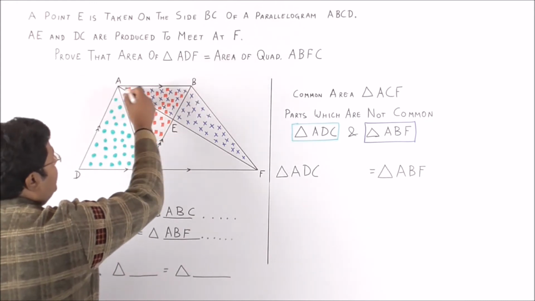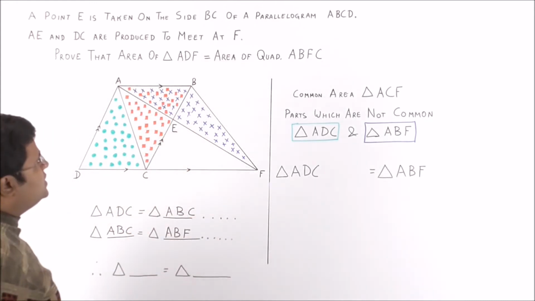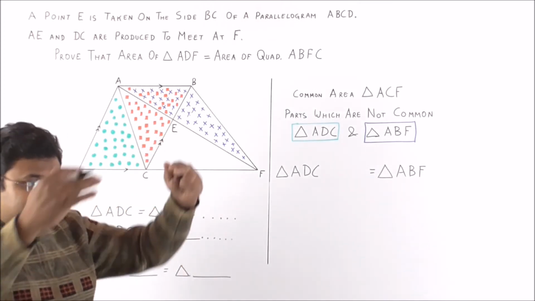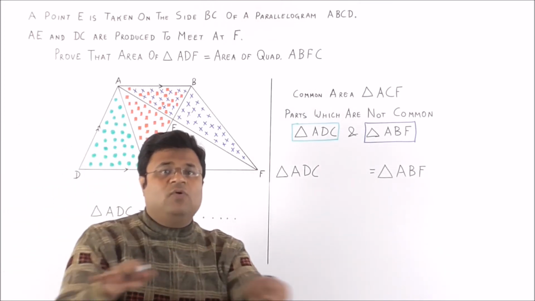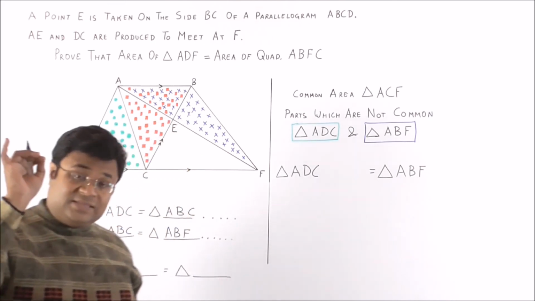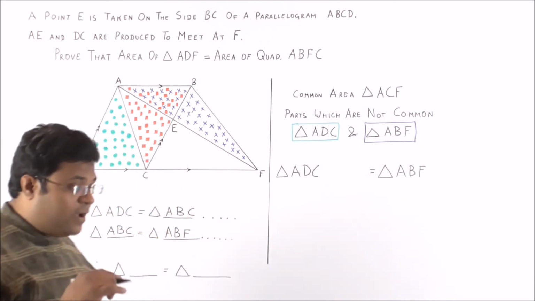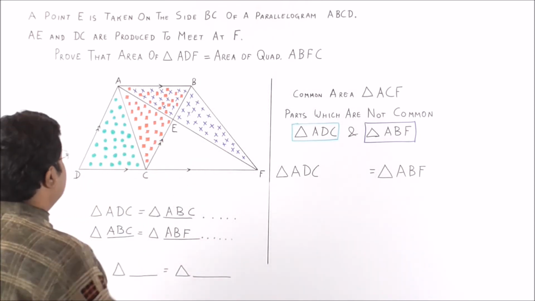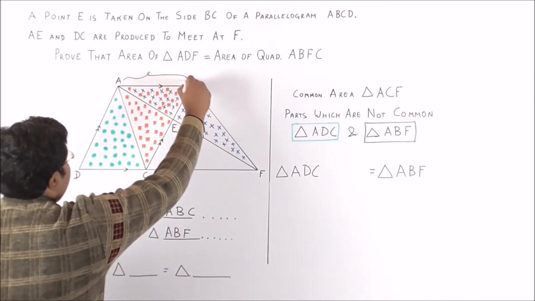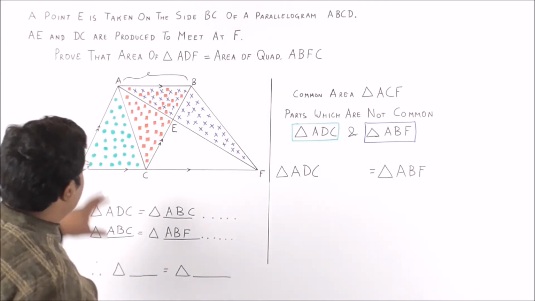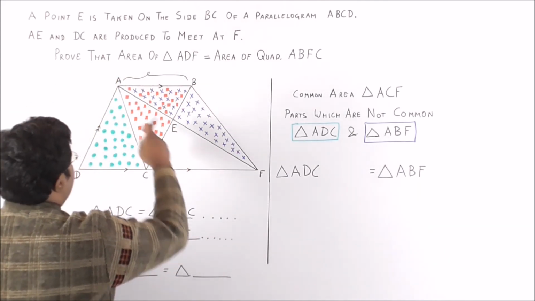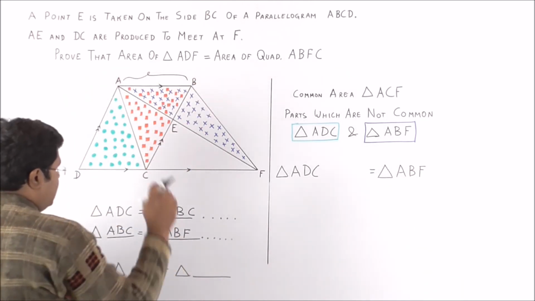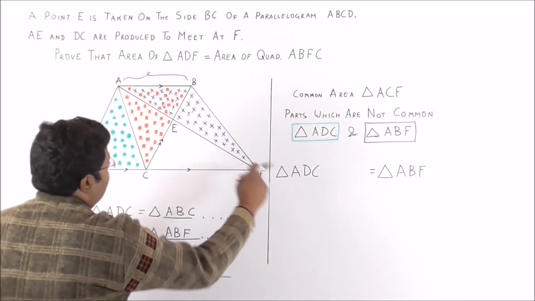They have the same base and lie between the same parallels. Now some of us feel the word base means that they should do something with the ground level. No. This is not at all essential. You have to observe things in all the directions. So here, this time the base AB is at the top. But they have the same base AB and they lie between the same parallels. So ABC is equal to ABF.